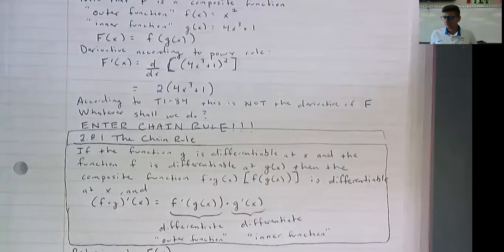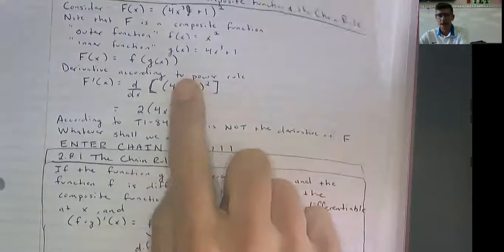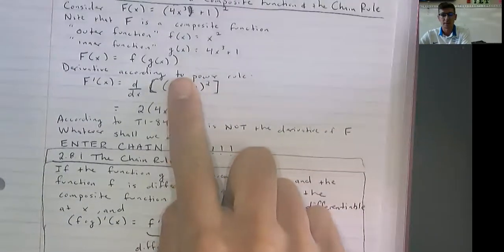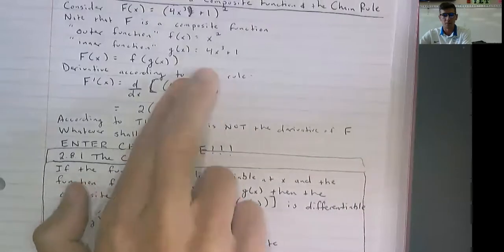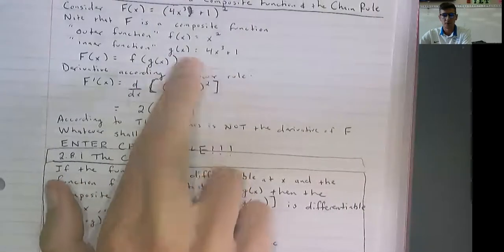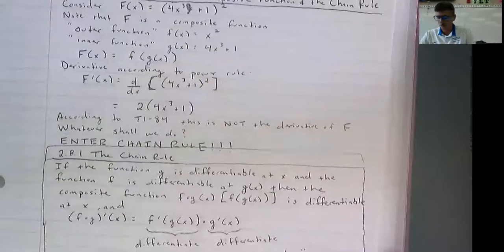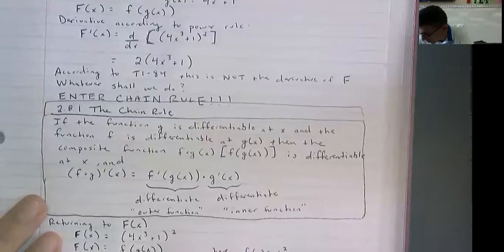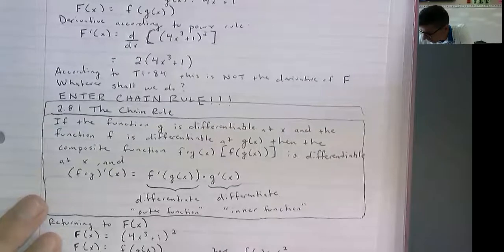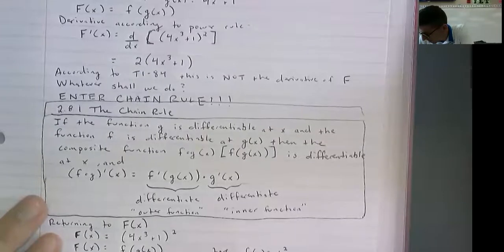Back to just me. Okay, so here's the moment of truth. We're going to take the derivative of the outer guy, which is just x squared. Just ignore the inner guy for now. And if this was just x squared, we drop this 2 down, like we did, and leave alone everything inside: 4x cubed plus 1.